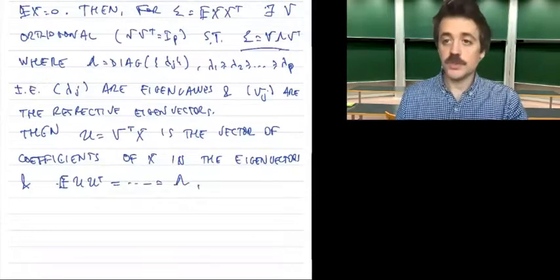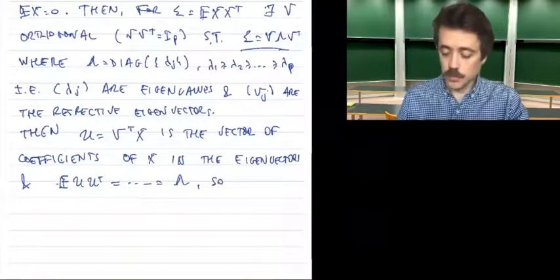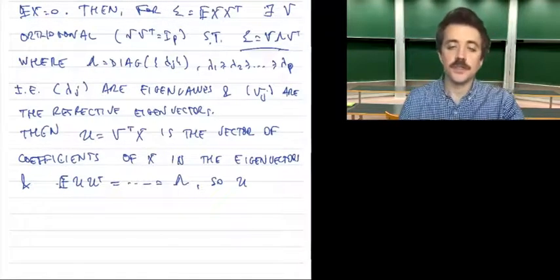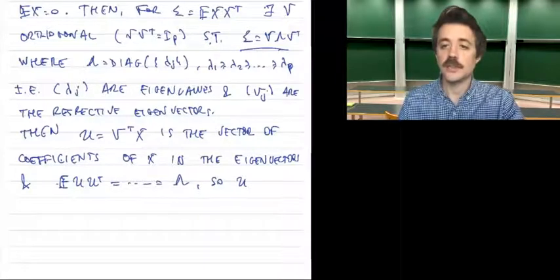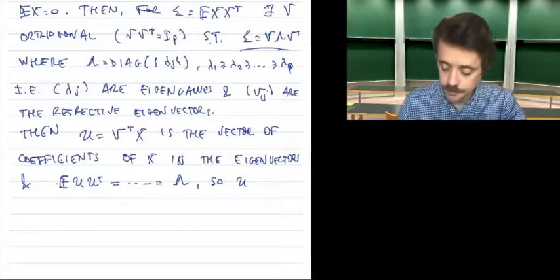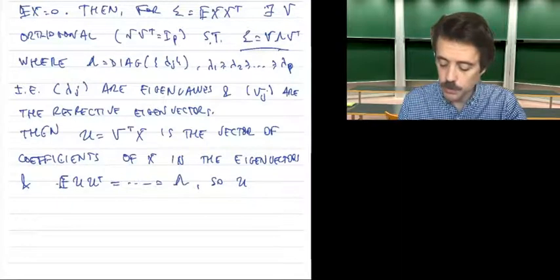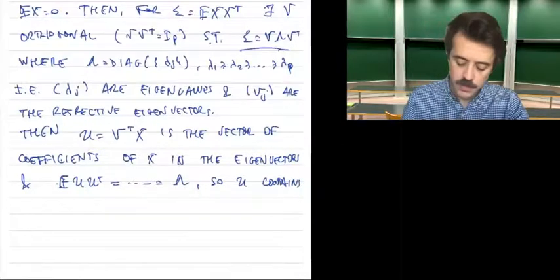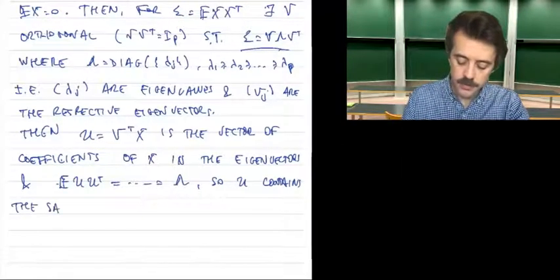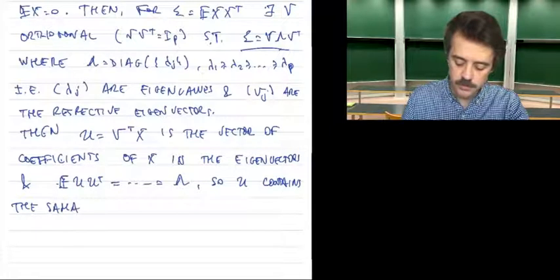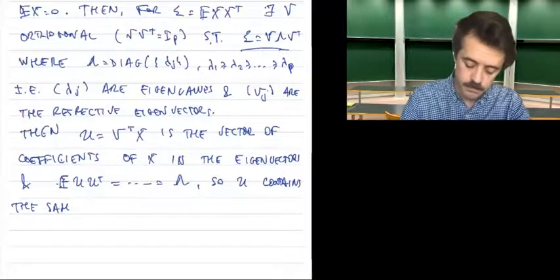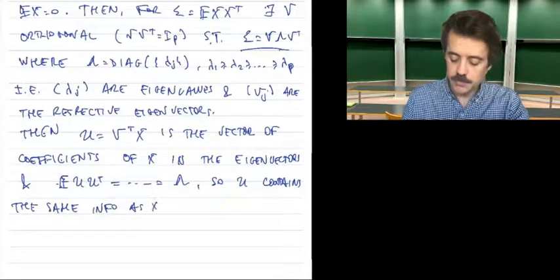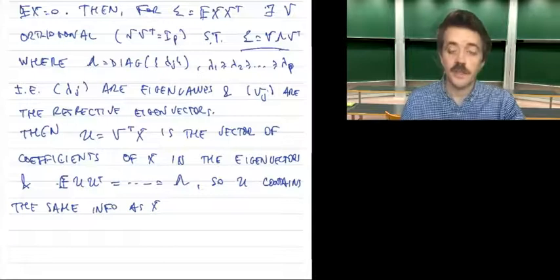So what does this mean? What we have is that U is going to be of a very particular form, and it contains the same amount of information as the X, but it is of course sorted in a completely different way.